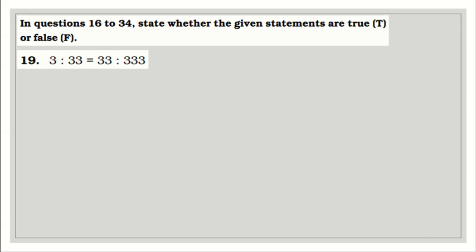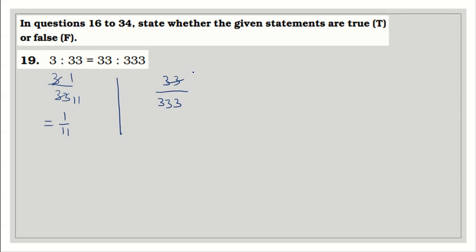Question number 19. Here they gave 3 is to 33 is equal to 33 is to 333. Now 3 is to 33 is nothing but 1 by 11, whereas 33 is to 333 is 11.